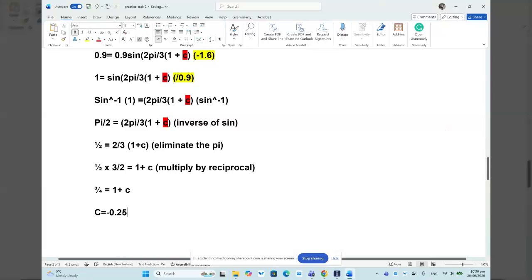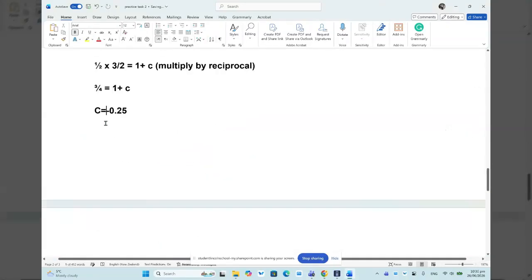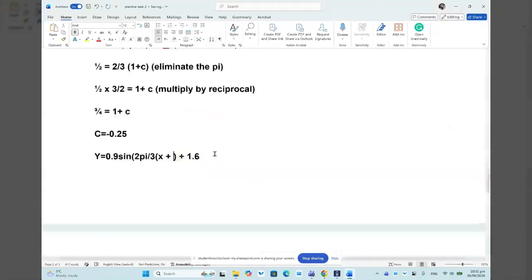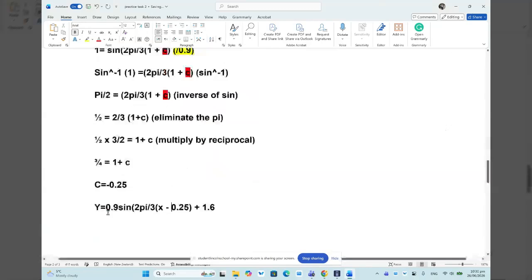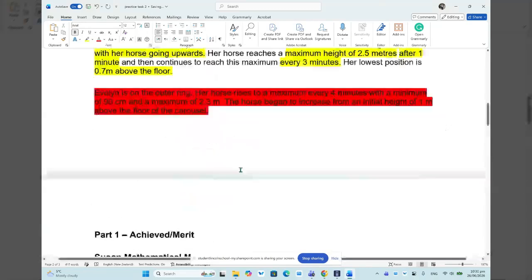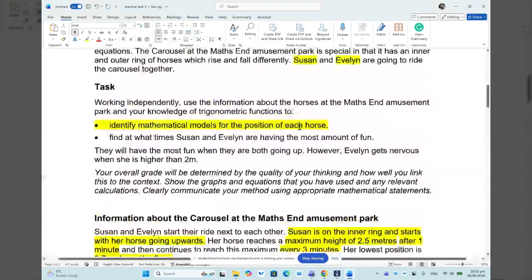Now we're just going to plug it all back in. So I'm just going to copy and paste this so I can do it quicker. Boom. And now, instead of the plus, it's going to be minus 0.25. And you can also have it in terms of not y and x to make it relate to the context more. So what does it ask? For the position of each horse.